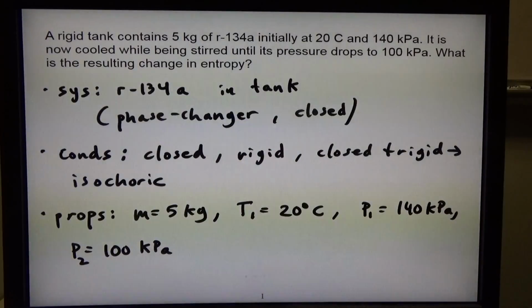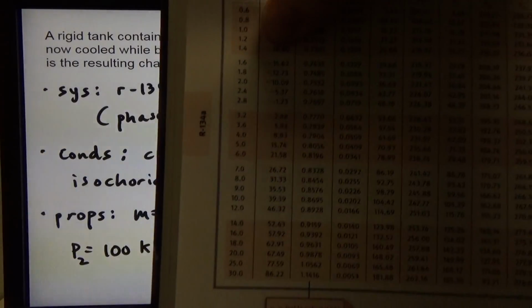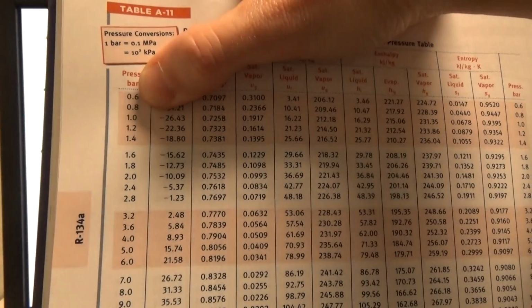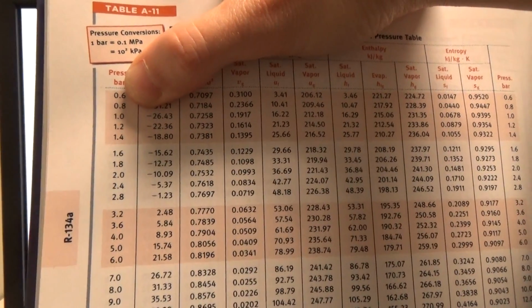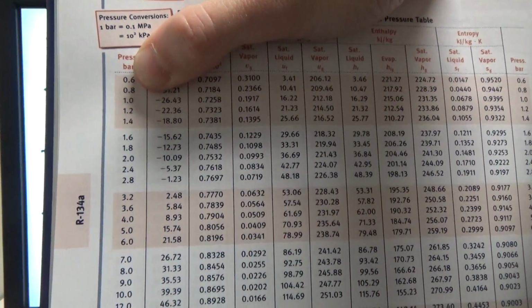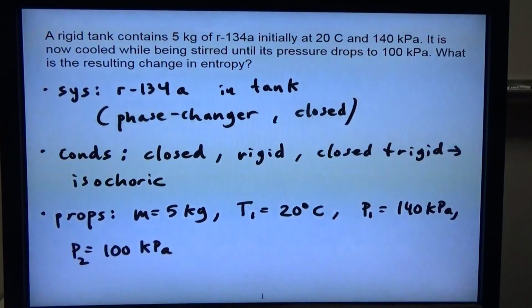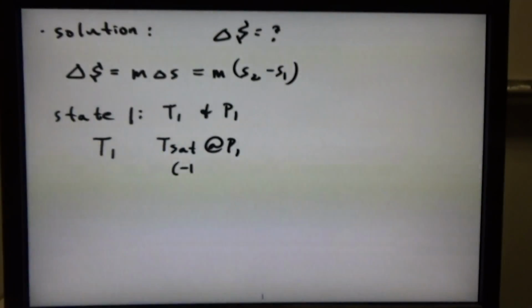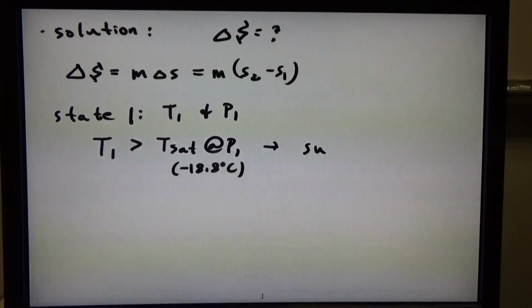Our saturation temperature here, I'm going to bring it up. We see at 1.4 bar the saturation temperature is negative 18.8. So our temperature 20 degrees Celsius is greater than the saturation temperature, which was negative 18.8. So at state 1 we have a superheated vapor.